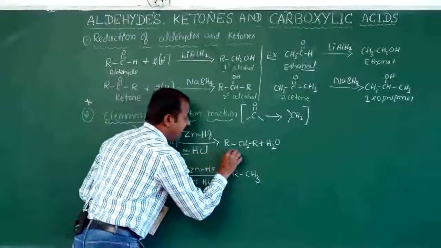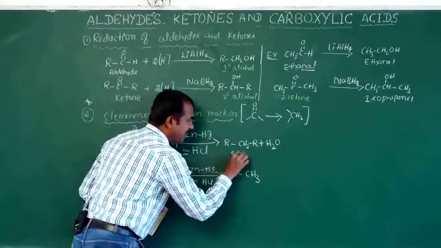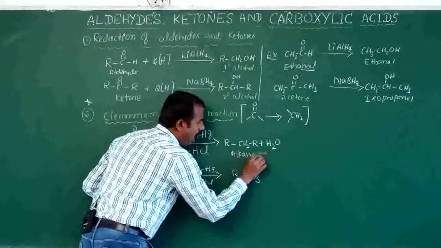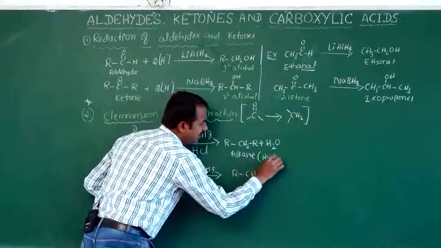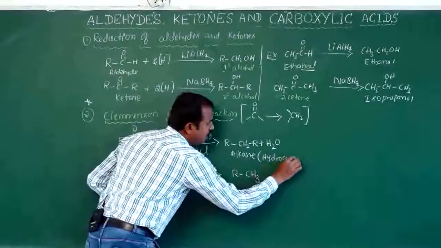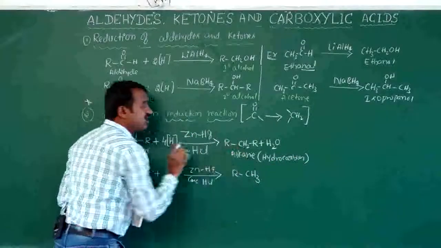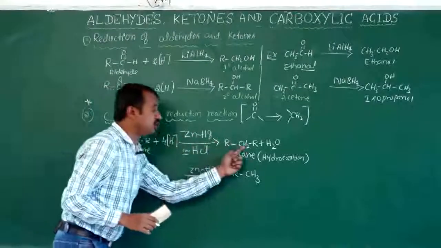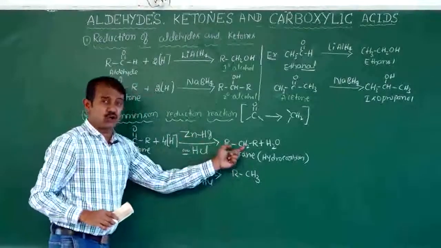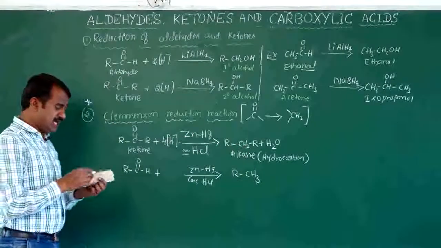This is an alkane. CO is converted to CH2. Carbonyl is converted to methylene group, that is called Clemmensen reduction.